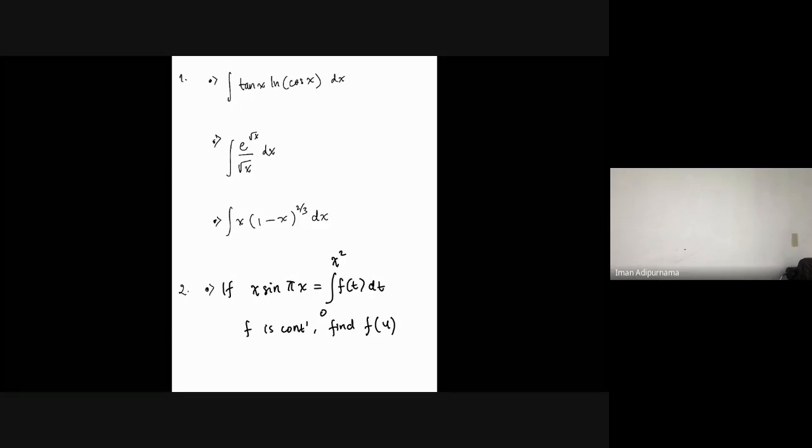The first part is the u-substitution, and the other part is the fundamental theorem of calculus. I hope these three integrals: the first one, tangent x times ln cosine x dx; the second one, e to the square root of x over square root of x; and the third one, x times (1 minus x) to the power of two thirds.